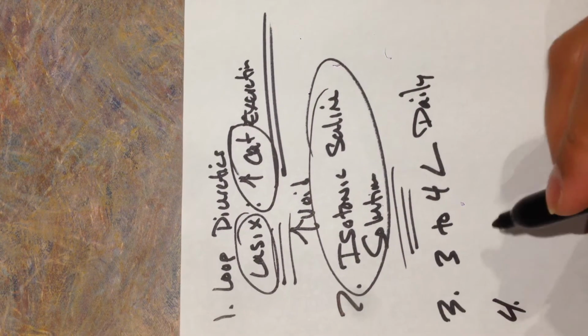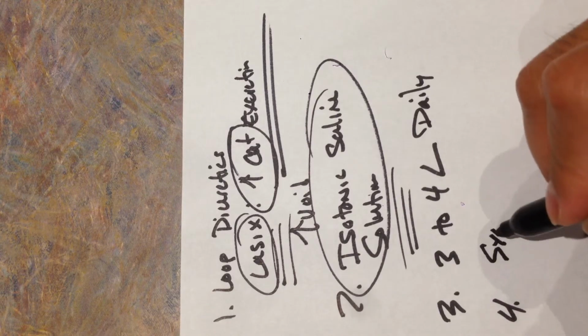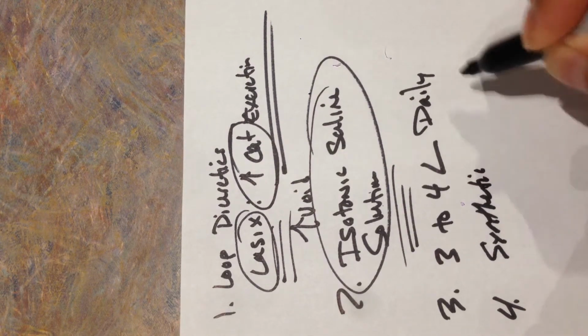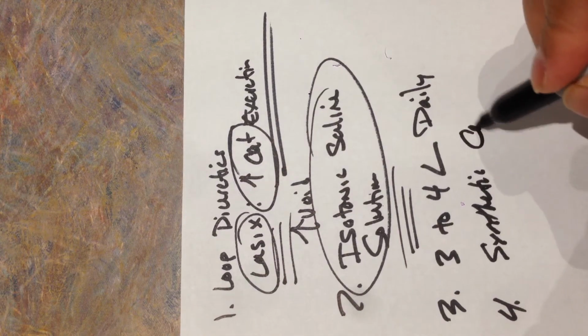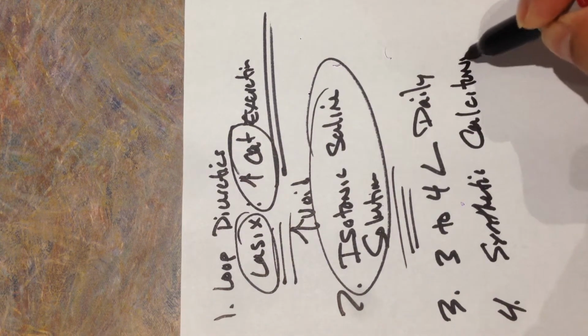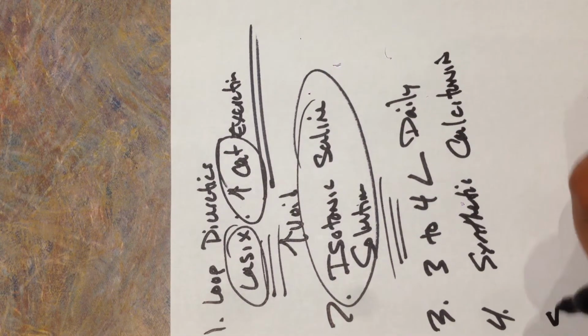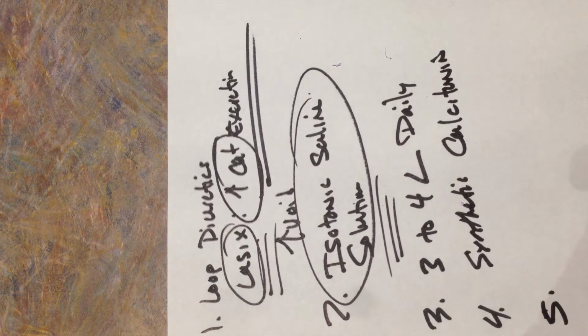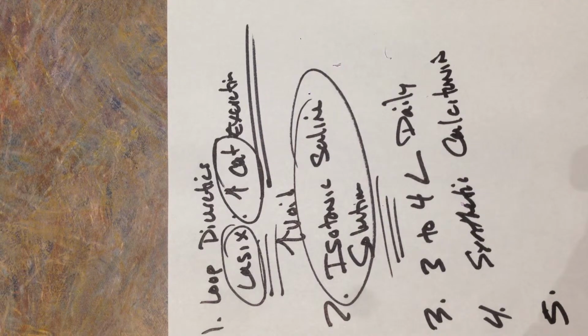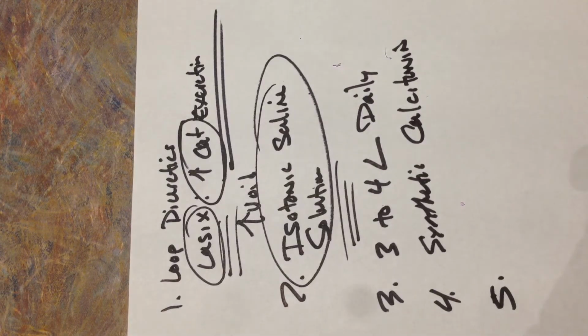The other thing you may do is you may administer synthetic calcitonin. Number 5. Now, if this is, again, you're going to have to understand why the pathology is occurring, why the hypercalcemia is occurring.